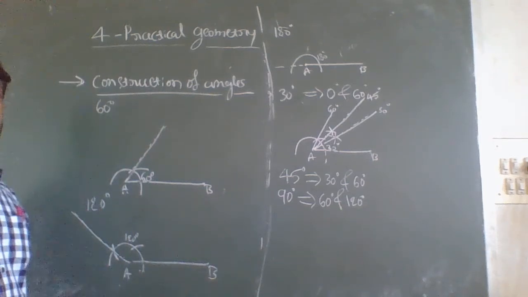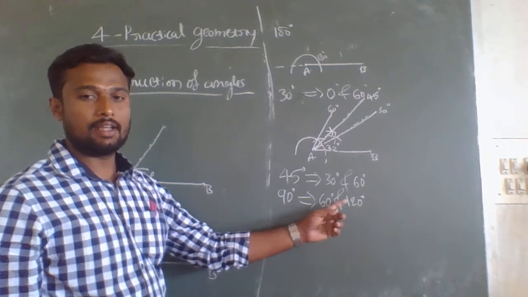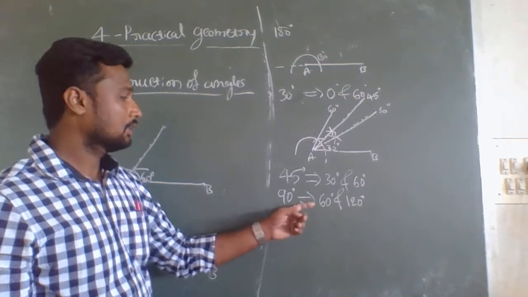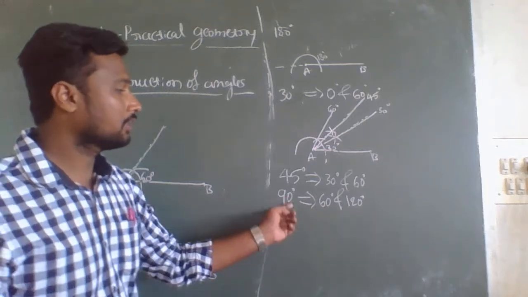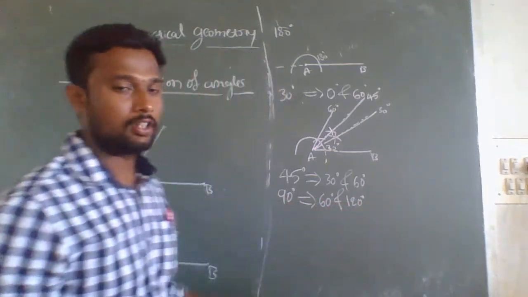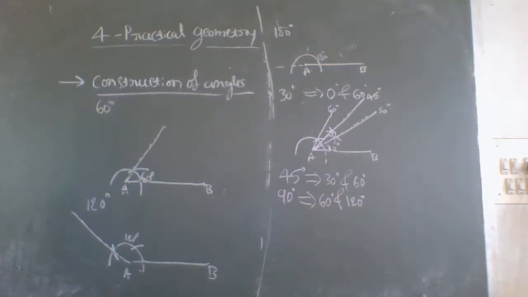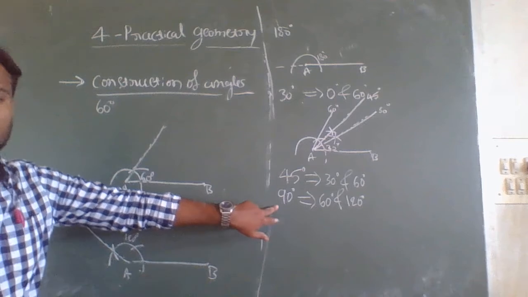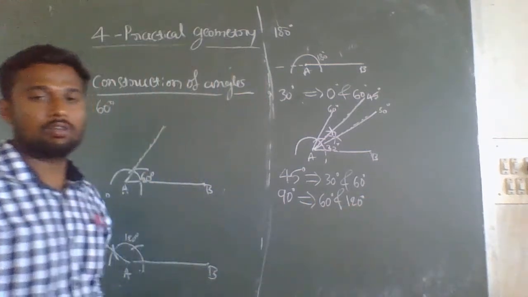See here, 90 degree is between 60 degree and 120 degree. Here 90 is 30 greater than 60 and 30 less than 120. Therefore 90 is between 60 and 120. So to draw or construct 90 degree, we should draw 60 degree and 120 degree.